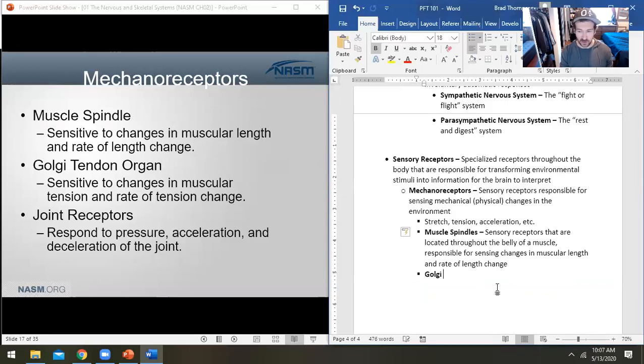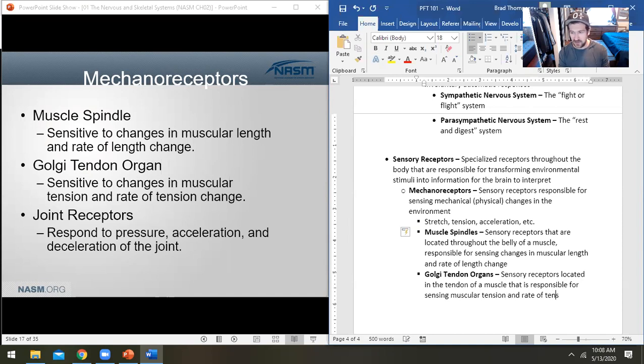Those are our Golgi tendon organs. These are sensory receptors located in the tendon of a muscle that are responsible for sensing muscular tension and rate of tension changes.